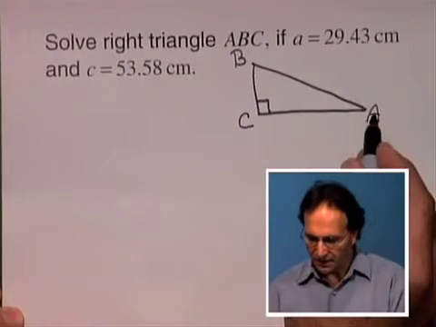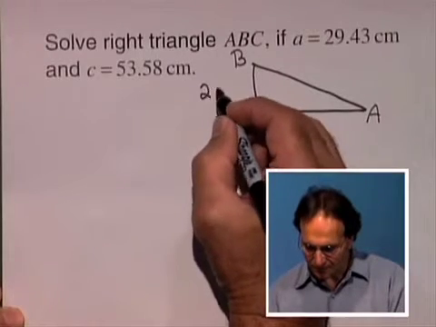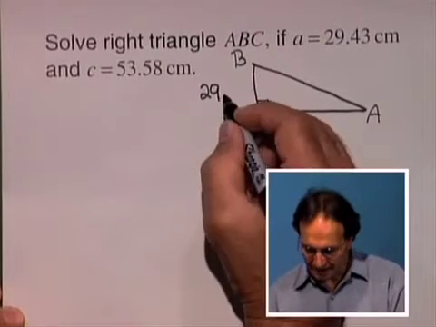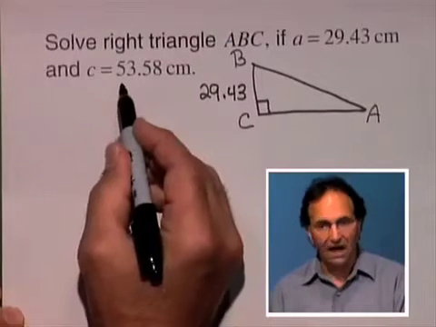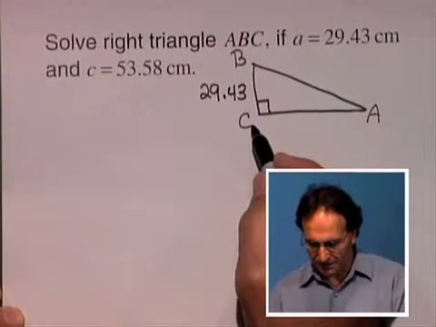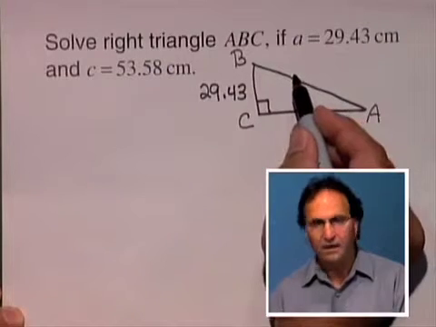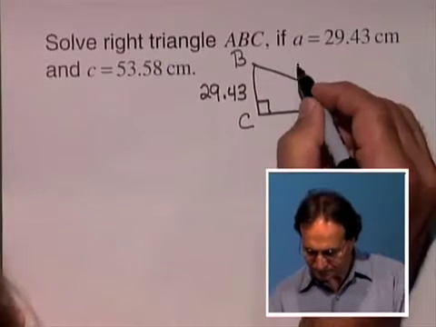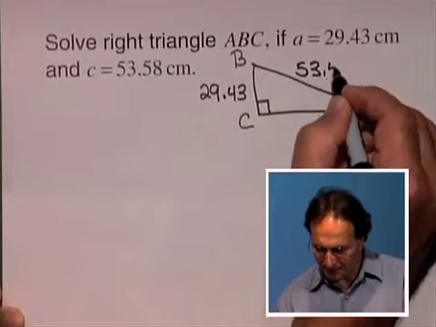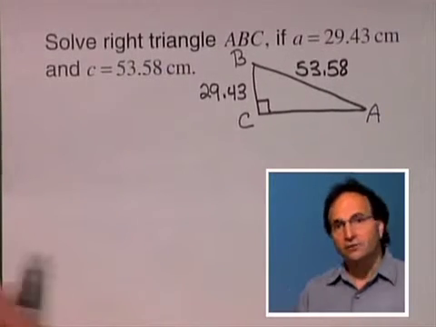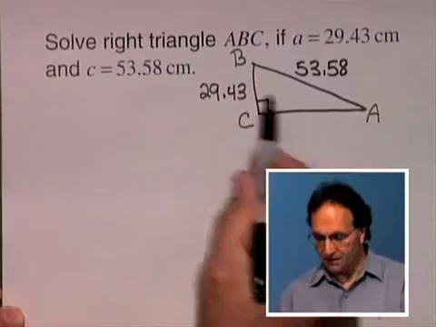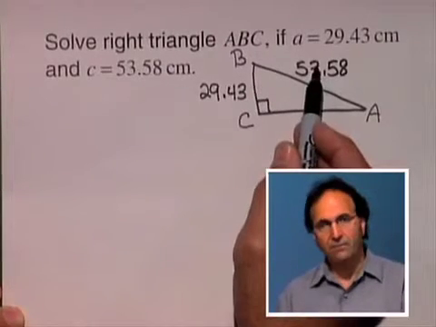What we know is that side A, which would be the side opposite angle A, is 29.43. Side C, which of course is opposite the right angle, it's the hypotenuse, is 53.58 centimeters. Interestingly enough, what we have is the side opposite A and the hypotenuse.